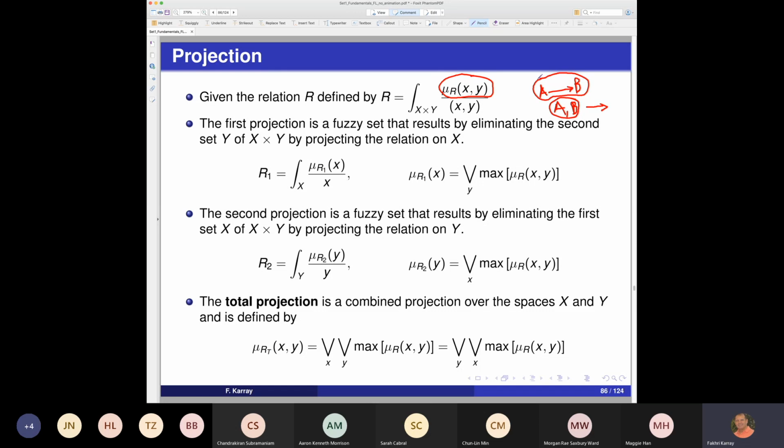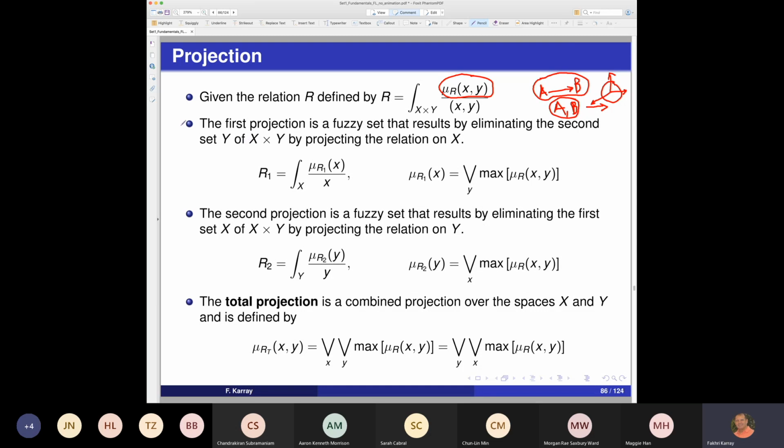Here we would like to extract some information out of the representation of a relation. We have seen how we create a relation A implies B, how to create the membership function on X and the membership function on Y, and how we obtain the relation in 3D. Now we would like to do the reverse. What are we going to represent when we have what is known as projection? So we define the first definition here in the form of projection.